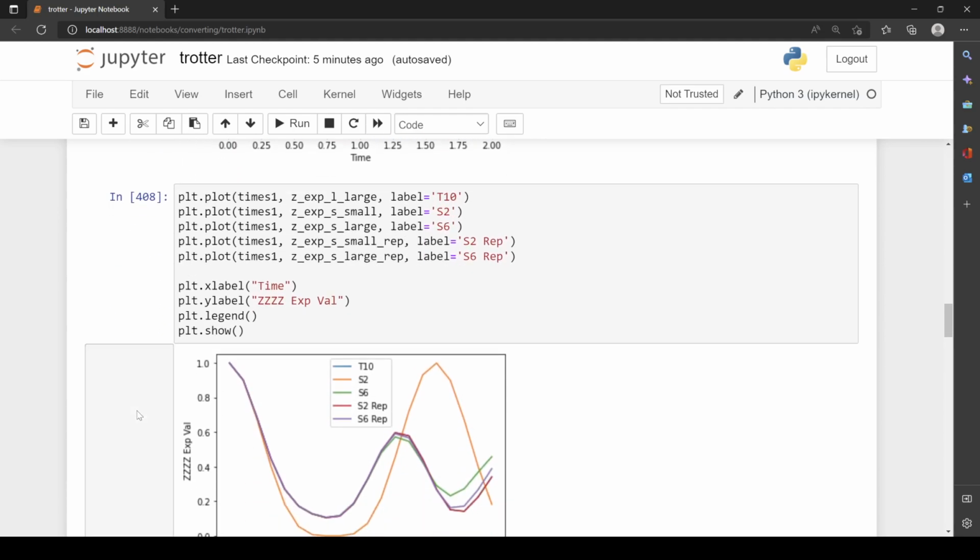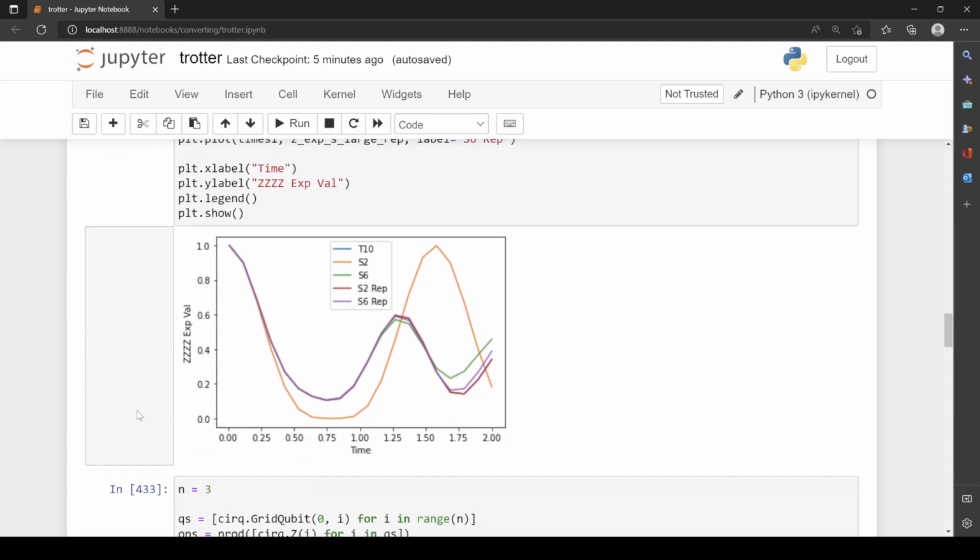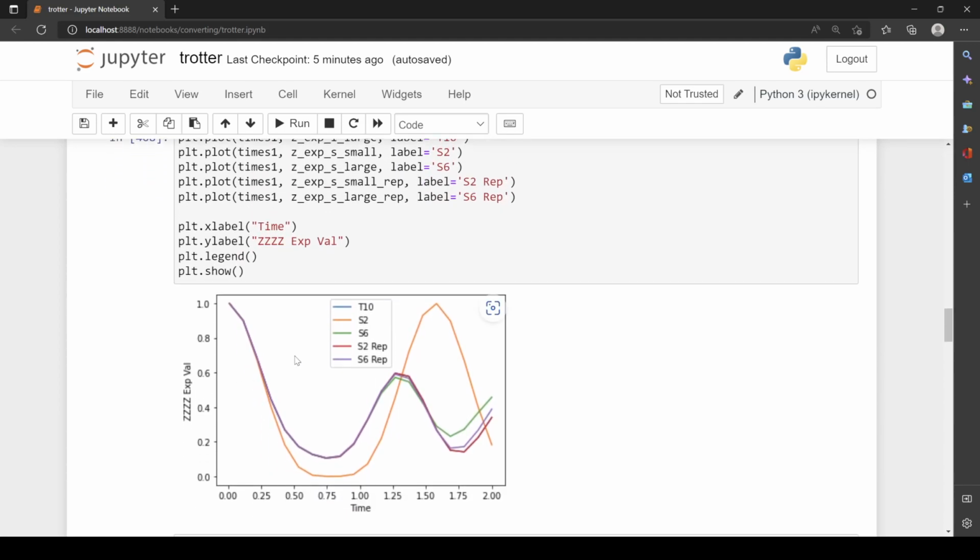We can see further evaluation of these Suzuki Trotter evaluations here. So we have the 2nd order Suzuki Trotter. We have our 6th order, which is in green.